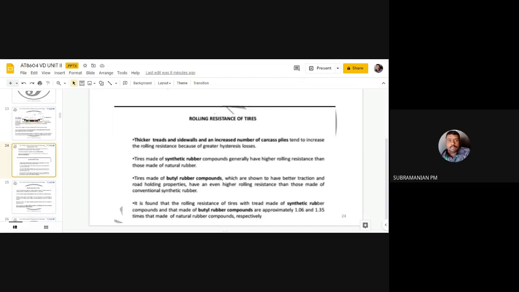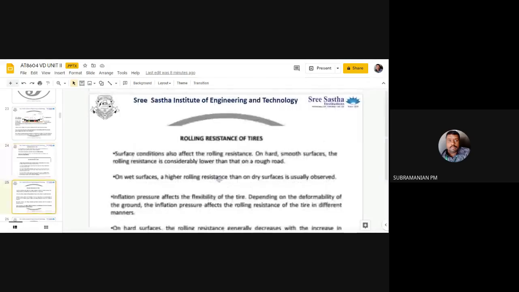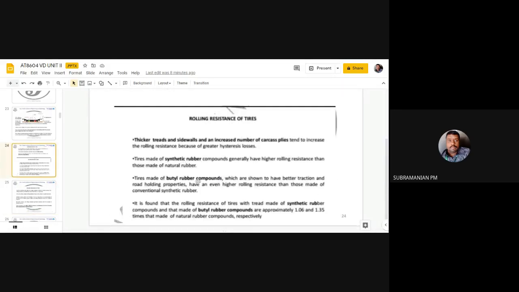Okay, and we are going to discuss the tire material, so this also you can go through. When you have a synthetic rubber, it will have higher rolling resistance than natural rubber. And you can see some tires are made of a material called butyl rubber. That will have better traction and road holding abilities, but the major thing is the rolling resistance will be more.